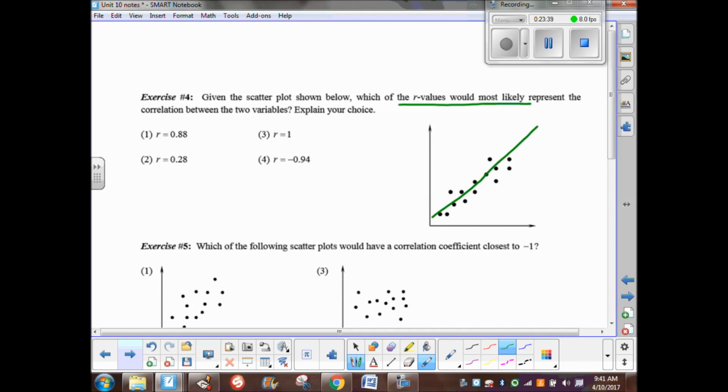Which choices could I eliminate without too much thinking? Number 4, because it's negative. It's definitely not negative. Number 2 we can eliminate because it's pretty good. So that's 0.88. Awesome.